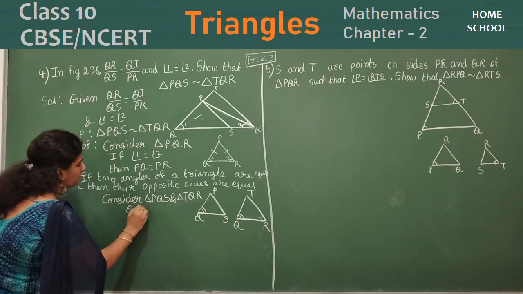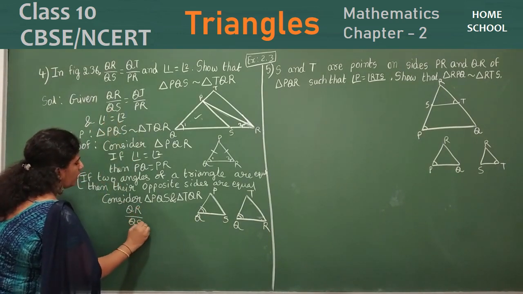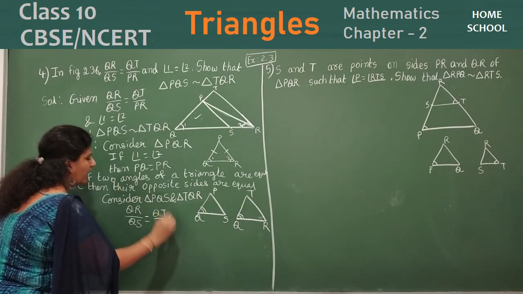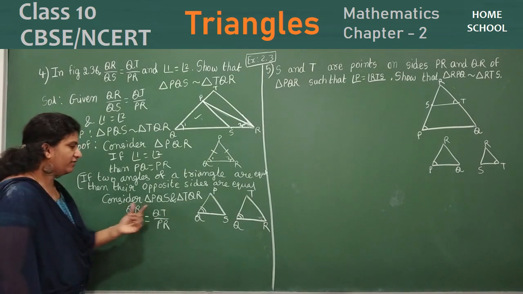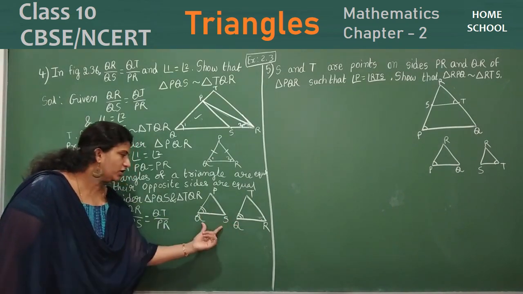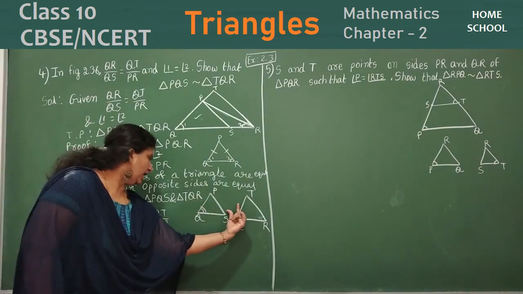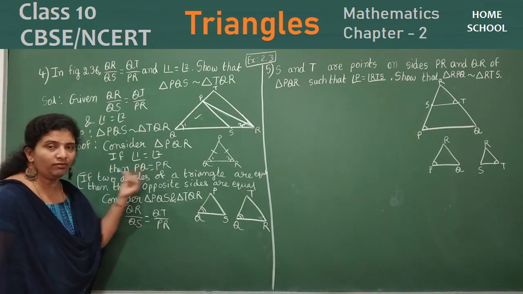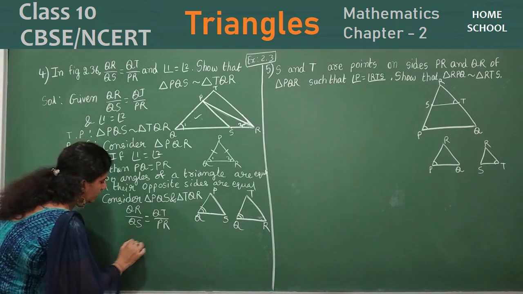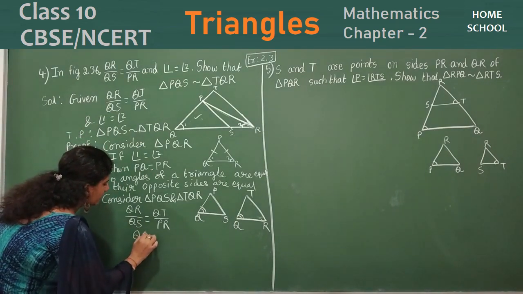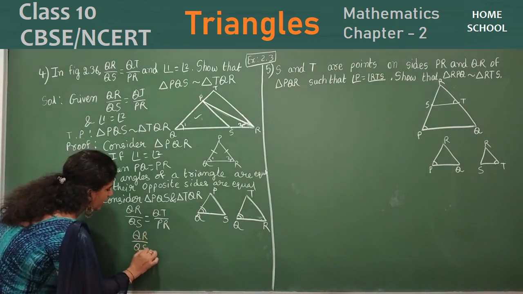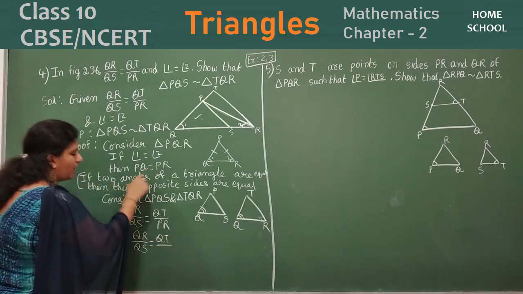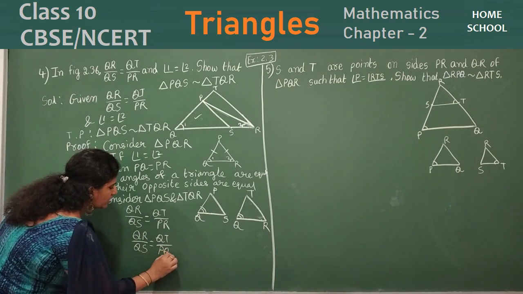QR by QS is equal to QT by PR. So observe here carefully. QR, QS, QT, PR not there, but instead of PR we have PQ. So let's do the substitution here. QR by QS is equal to QT by, instead of PR, here PQ.